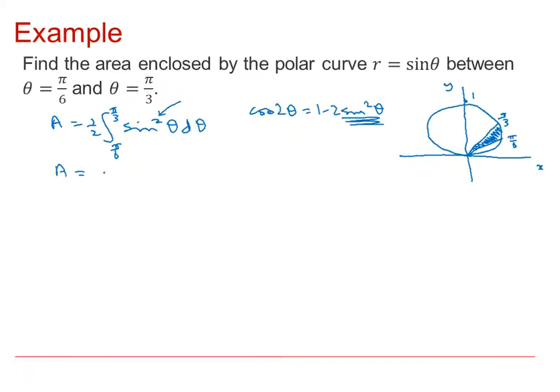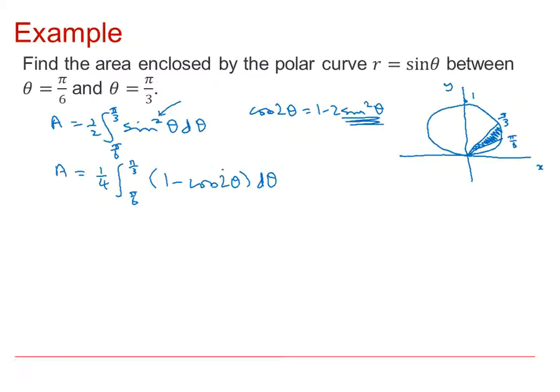Therefore we can rearrange for sine squared theta. So this area will become a quarter of the integral from pi by 6 to pi by 3 of, when we rearrange this, half of 1 minus cos 2 theta. I've already put the half out there with the other half to make a quarter, so we're left with 1 minus cos 2 theta d theta.